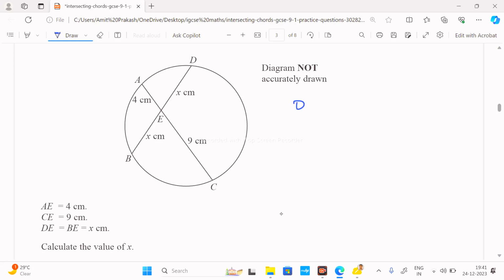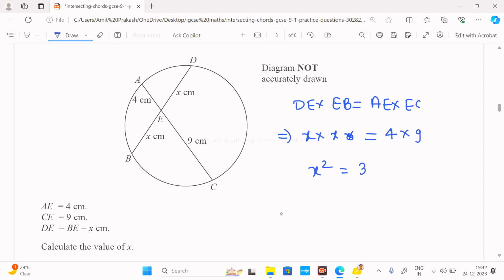So again DE into EB equals AE into EC by the chord intersection theorem, and this is x and this is also x. So x square equals 4 into 9, x square equals 36, and x equals square root of 36, which becomes 6 centimeter. So the length of DE equals EB equals x equals 6 centimeter.